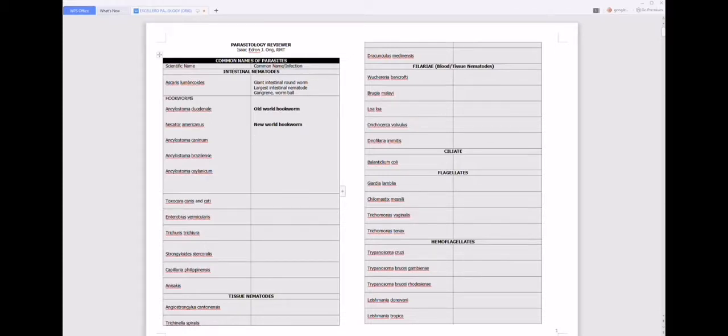But Ancylostoma ceylanicum can also cause intestinal infections, pero more of cutaneous infections ito sila. So Ancylostoma caninum and Ancylostoma brasiliense, you can call them cutaneous larva migrants. Okay? So sila yung nagkakos ng creeping eruption.